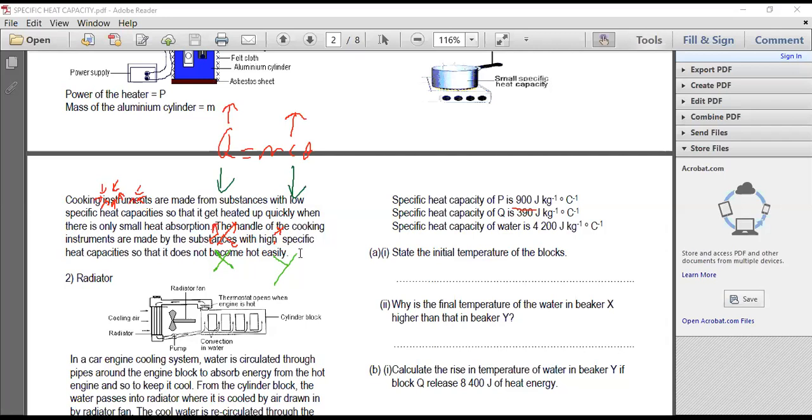There are many answers you can give. You can say, first, P has higher specific heat capacity.